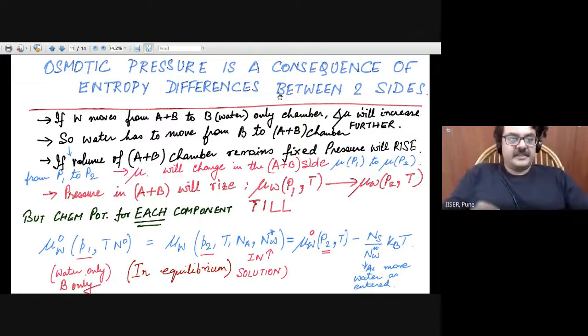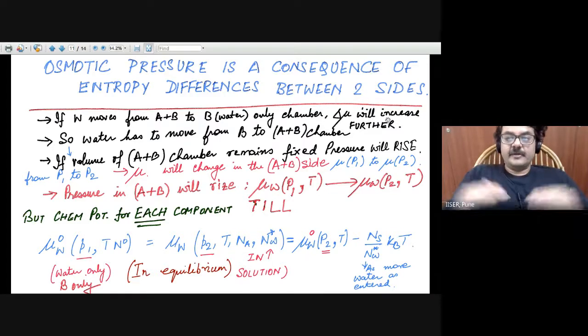If you look at the derivation, you could ask why doesn't water move from the A plus B chamber to the B only chamber, the water only chamber? Because if it does that, then the chemical potential difference will increase further.